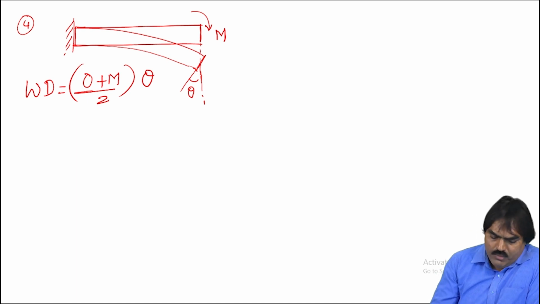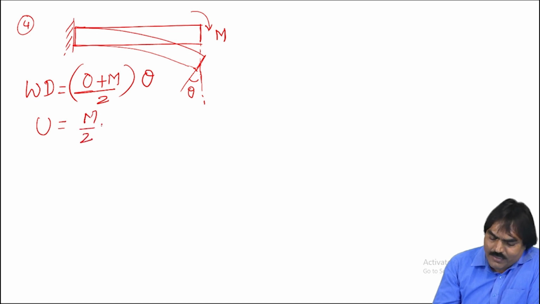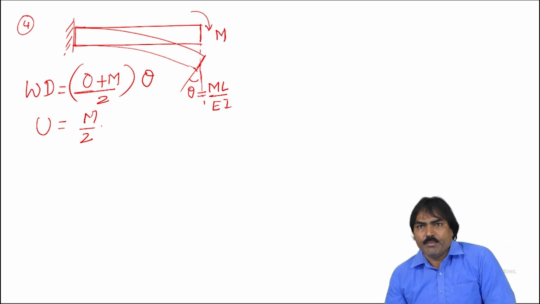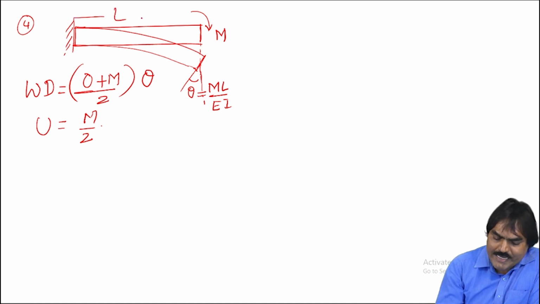Okay. So when the work done is equal to energy stored, that is M by 2 into theta. The slope of the beam is given by ML by EI, where E is the Young's modulus, I is the area moment of inertia, L is the length of the beam. These things are standard, which are already discussed in other topics.